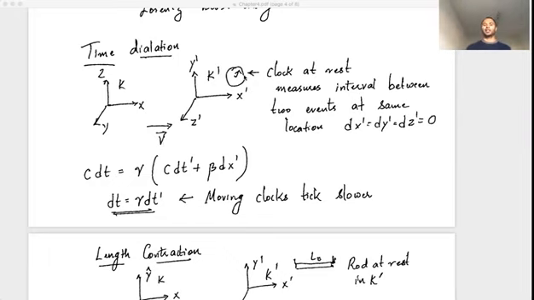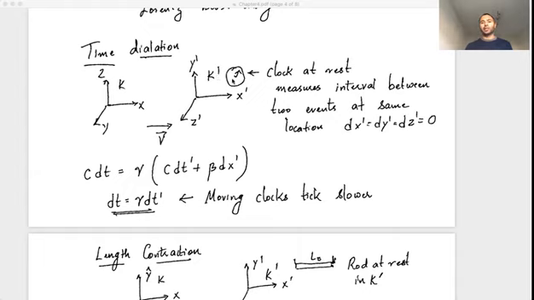And let's say your friend has a clock, and the clock is measuring some intervals, and the question is, what is the relationship between time in frame k prime and time in frame k, okay? Now, if you want to do that, then you want to have a clock which is at rest in frame k prime.